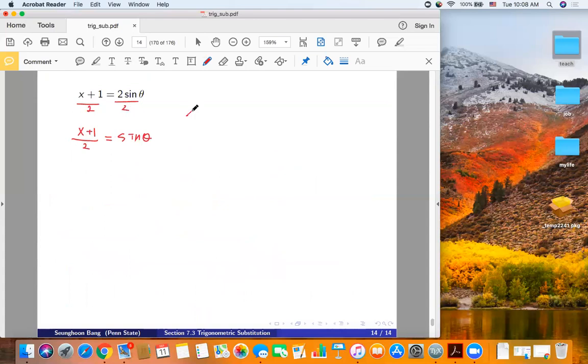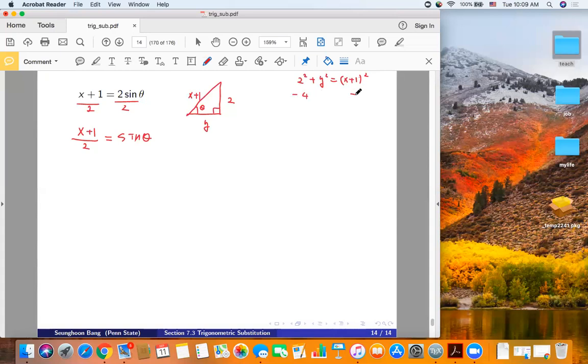You can draw a triangle. So what's that? This is 2 and x plus 1. Find y by using the Pythagorean theorem.